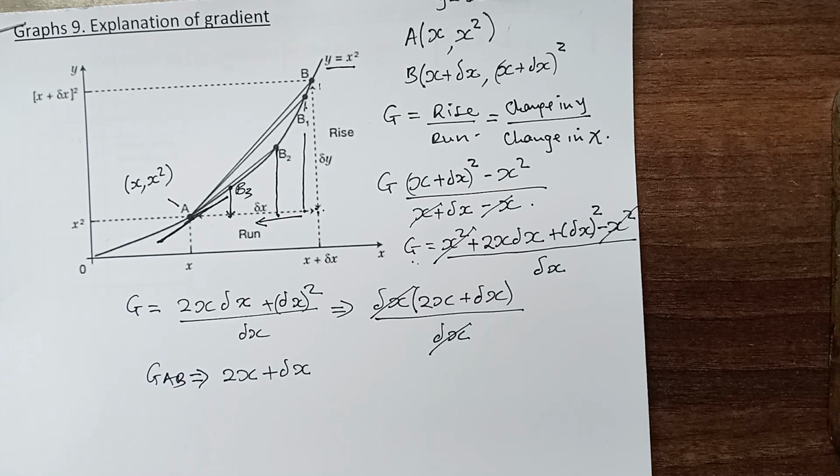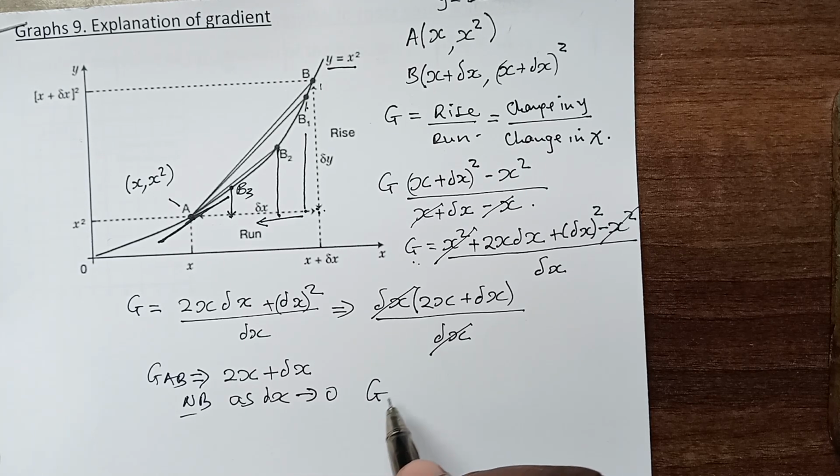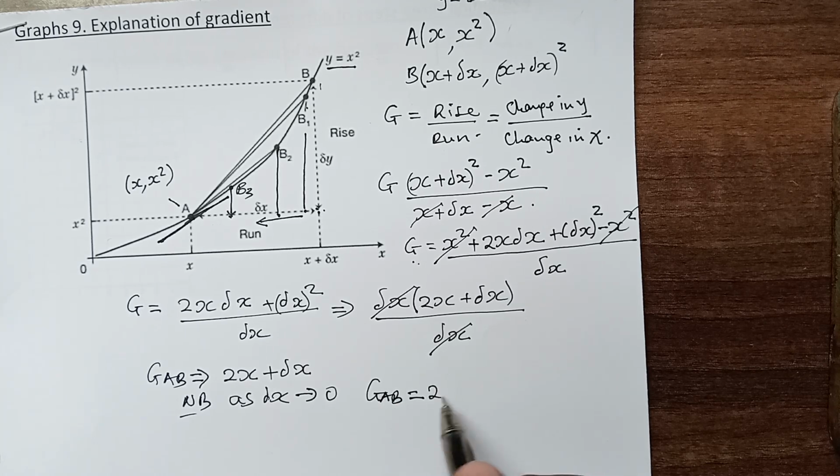So we should understand that fact. Therefore, and this is NB, as delta x approaches 0, the gradient of the tangent, we can call it AB, is equal to 2x plus 0, which is 2x.